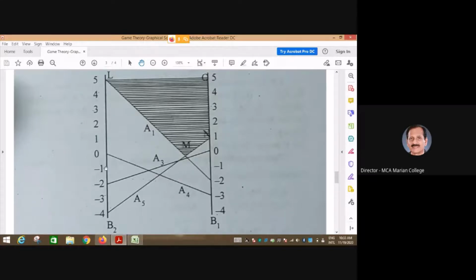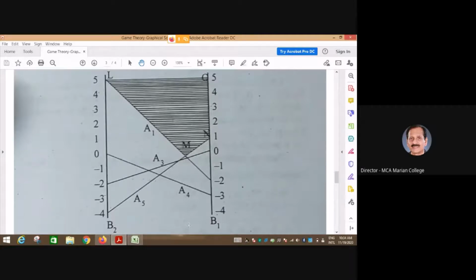Minus 3 on B1 and 0 on B2. You can draw that line corresponding to the strategy A4. Similar way, for A5, we have 1 and minus 4. 1 on B1 and minus 4 on B2. You can draw that line also. Okay. So in this case, we have drawn all the lines corresponding to the strategies.